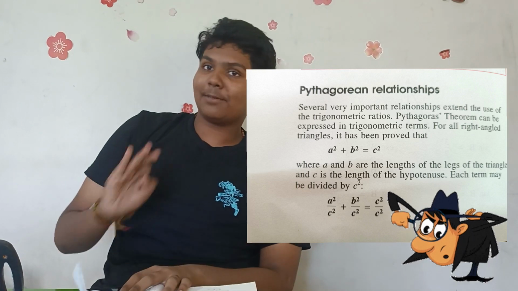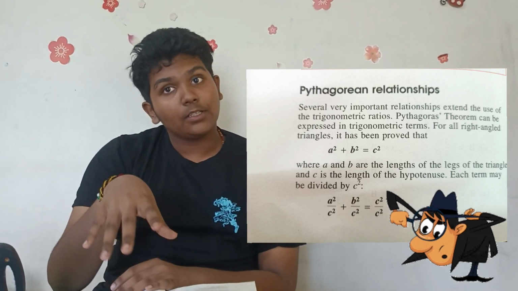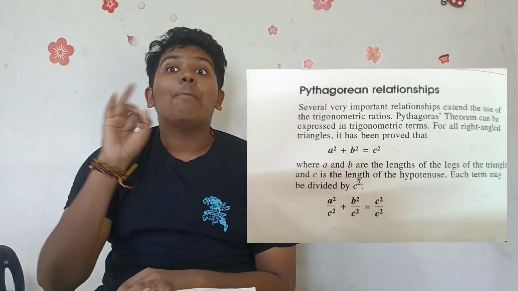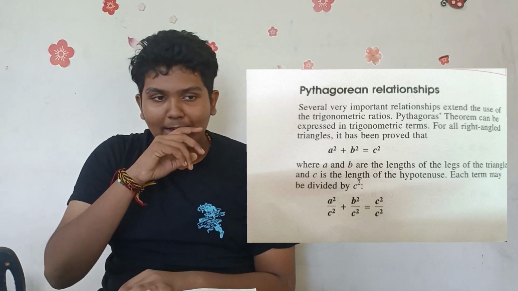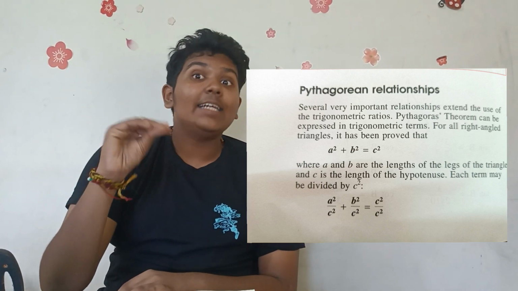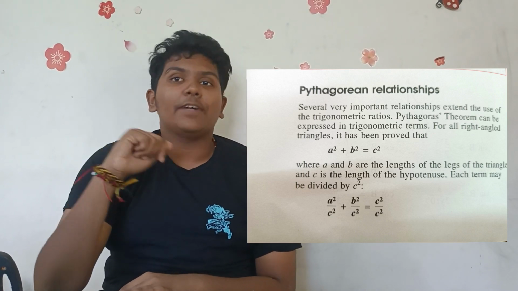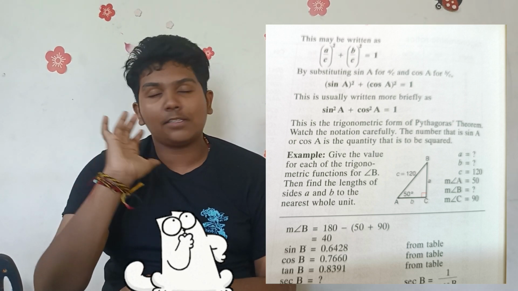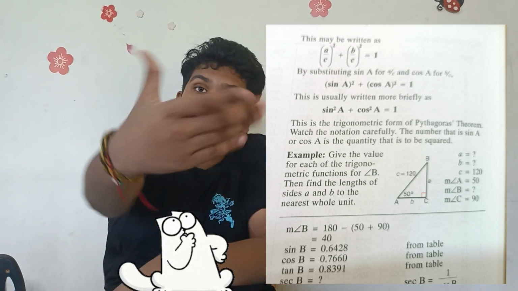So a square plus b square is equal to c square. What if you divided all of a square, b square, c square by c square itself? A square by c square will be that much, b square by c square will be that much, equal to c square by c square, which is obviously 1, right?